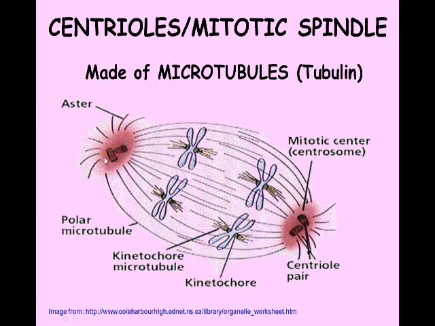And at the end of the cell, in an animal cell during cell division, we see that little pattern of microtubules in a cylinder. At each end of the cell, those are the centrioles. And they attach to the spindle fibers. Their job is to help guide the chromosomes apart during cell division. And so they're a pretty important part of cells, and an important part in their life cycle, which is during cell division.